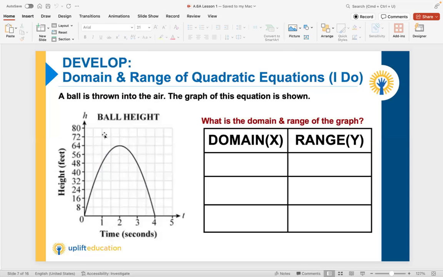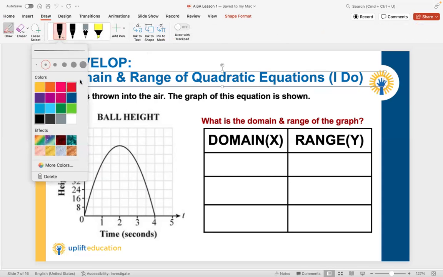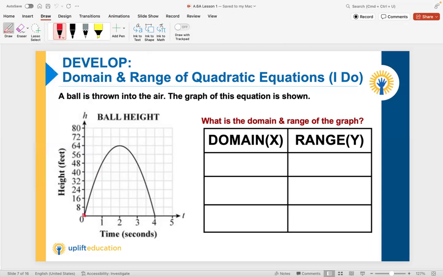And the first point we're going to do is for the domain, which is at 0, 4. So we're going to go ahead and notate that. And I'll do it in a different color so it'll be easy to see. We know that this is the starting point. This is as high as it ever got. And this is where it stopped.